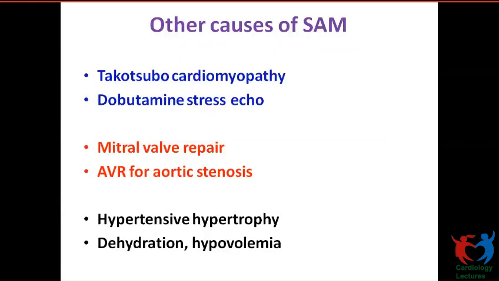Yeah, during dobutamine stress echo you can get it, post mitral valve repair, AVR, aortic stenosis. They have LV hypertrophy, small LV cavity. They can develop LV obstruction post-operatively. Hypertensive patients, dehydration, hypovolemia, especially when they have LVH.